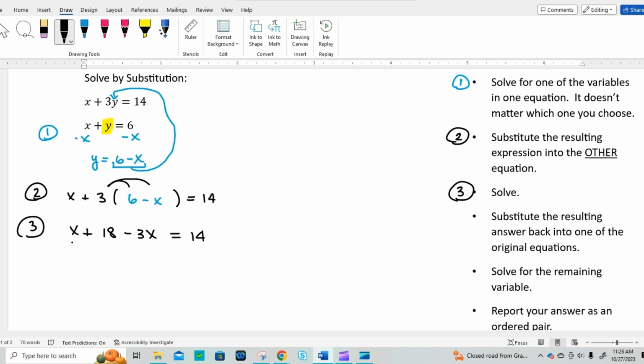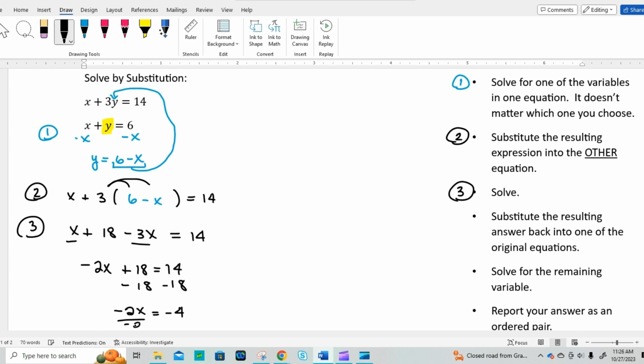I'm going to combine my two like terms, my x's, and I will get negative 2x plus 18 is equal to 14. I'm going to subtract 18 from both sides, and I would get negative 2x is equal to negative 4.